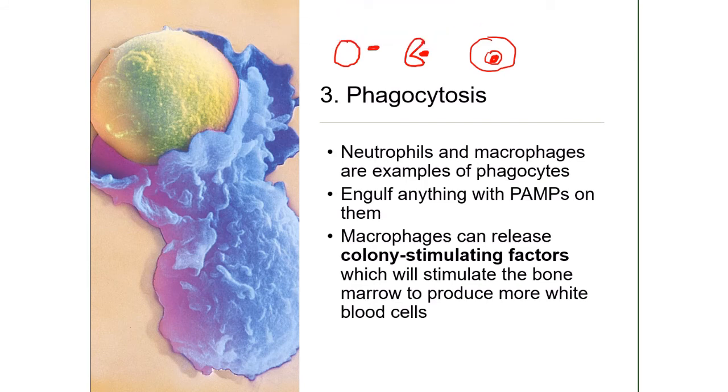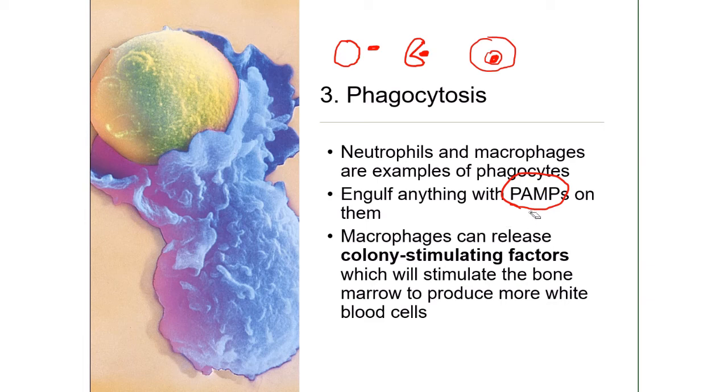In lecture 2, we learned about 2 examples of phagocytes. We have the neutrophils, the most abundant white cells you have, and we have the macrophages, which came from monocytes. These are both phagocytes, so they can go around and eat stuff. Now, how do they know what to eat? The short answer is they eat up anything with what's called PAMs on it.